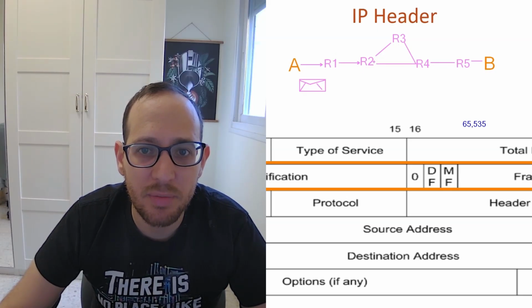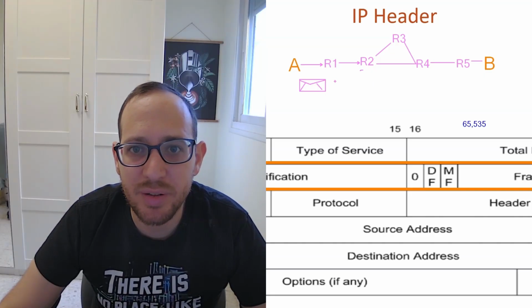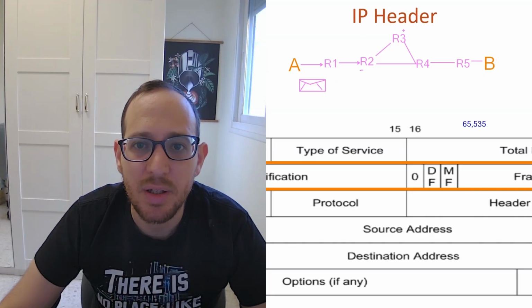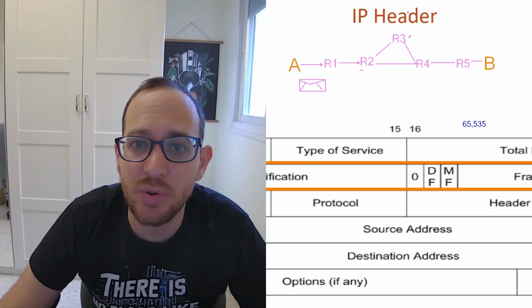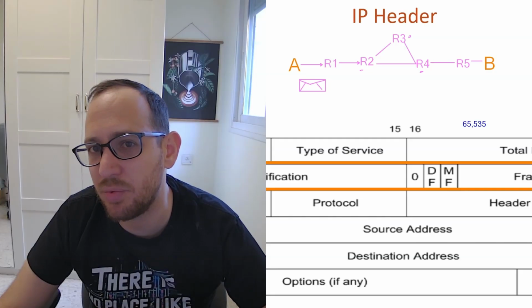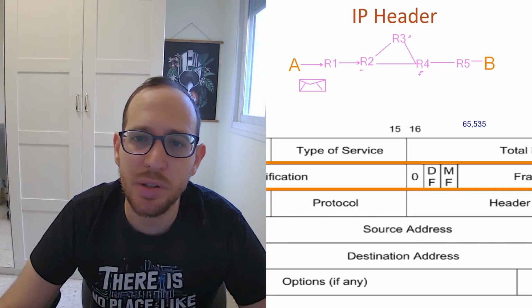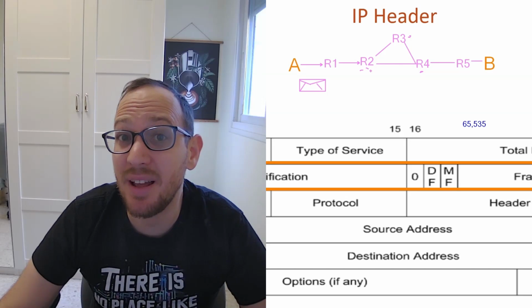So now the packet is here. Now R2 looks at this packet and says, oh, B, I need to forward it to R3. Sends it to R3. Then R3 says, oh, I need to route it to B, so I need to forward it to R4. Then R4 says, okay, I want this packet to reach B, so I'll forward it to R2. That's a routing mistake, of course, but it happens.